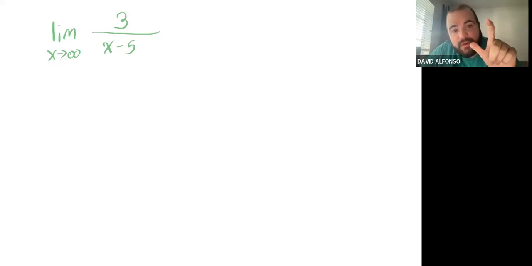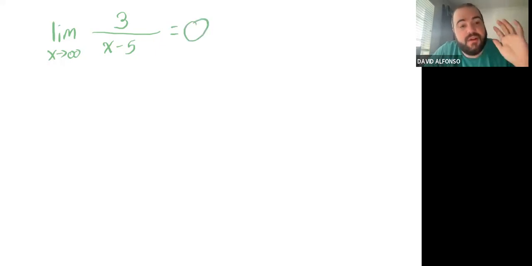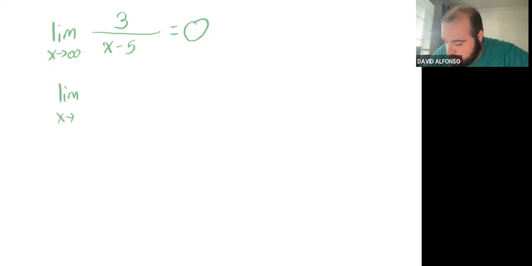So if the denominator gets bigger, what happens to the value? Do you know what this would be equal to? Right, 0. Basically, if you divide by infinity, the bigger the denominator gets, the closer to 0 you get. So that would approach 0. Right, very good.